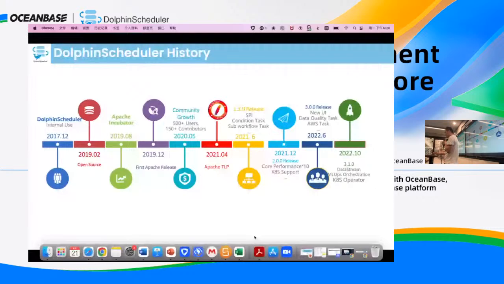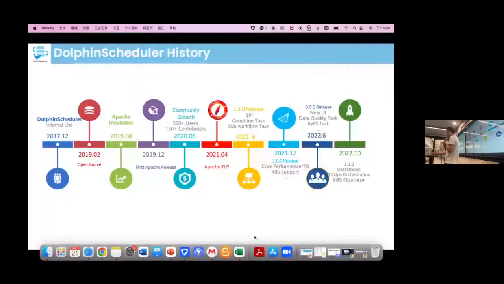In 2020 it reached over 500 users and 100 contributors, and then it released the 1.3.9 version, which includes the SPI transition task.